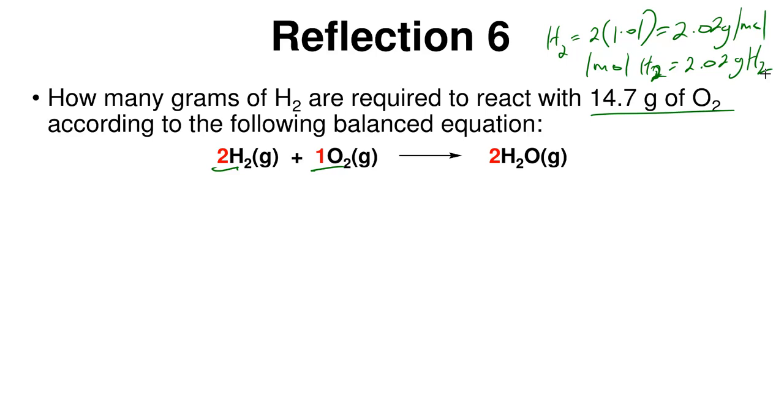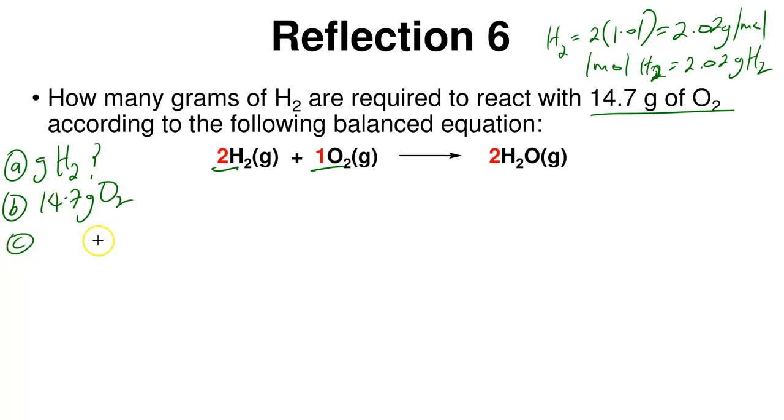I'm going to try to make this a little bit faster, just to save time for our recording. In the first step, we're looking for grams of hydrogen, which is the question. B, what are we given? We were given 14.7 grams of oxygen.